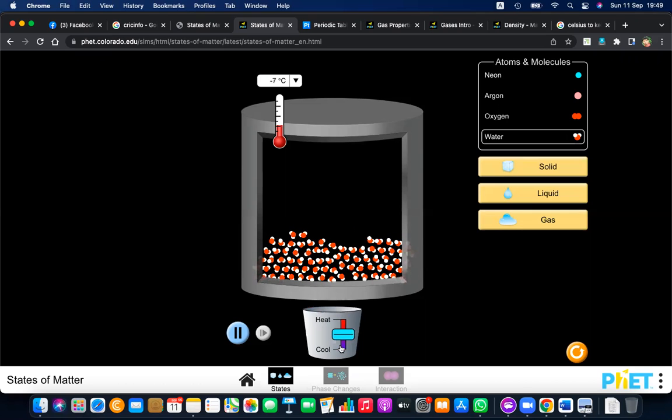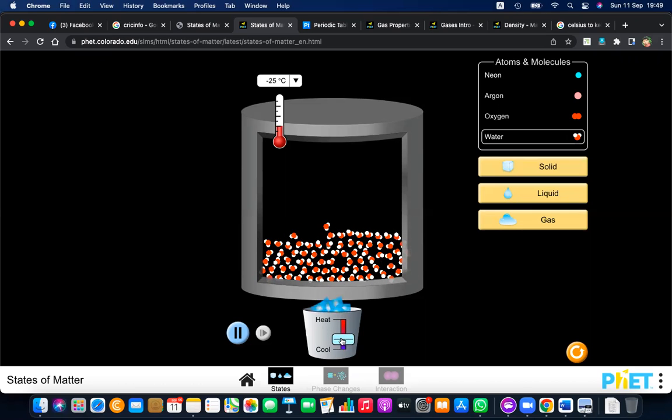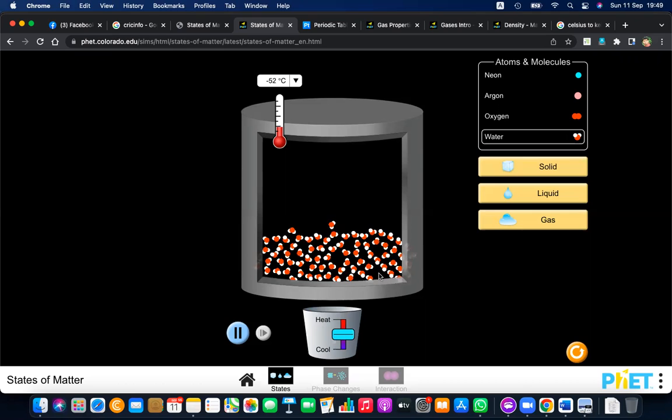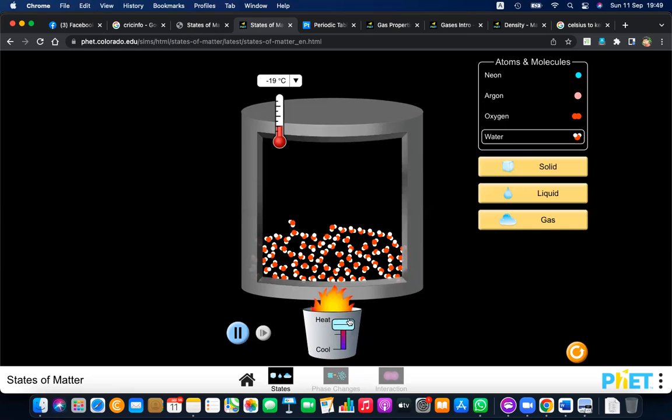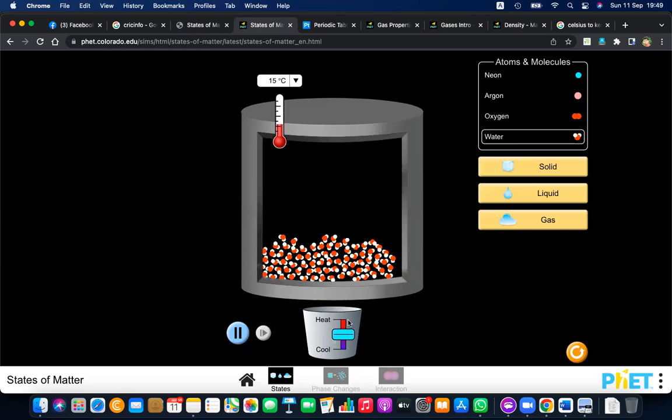But if you drop this further, it's not getting the shape of the container, because I'm just freezing it. But normally, when you increase the temperature, you can see there will be more movement. So this is 15 degrees. This is room temperature. You can see there is fast movement.